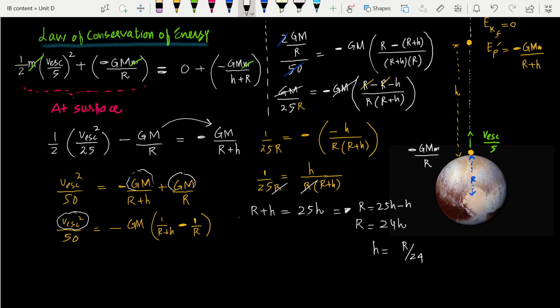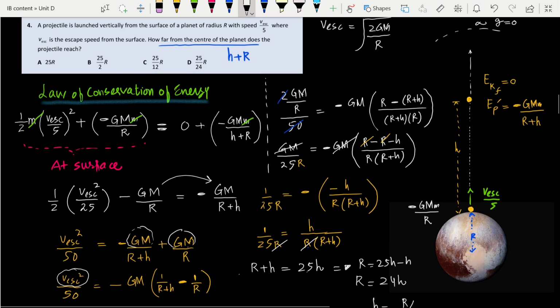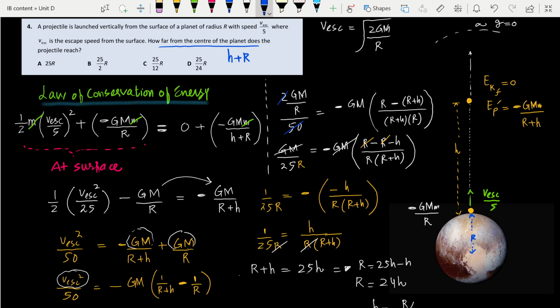So this object will only manage to rise to a height of R over 24. But remember, we have to add R to it. So R over 24 plus R is equal to 25 over 24 R, because we need to find the distance from the center of the planet, not from the surface. So the right answer is option D.